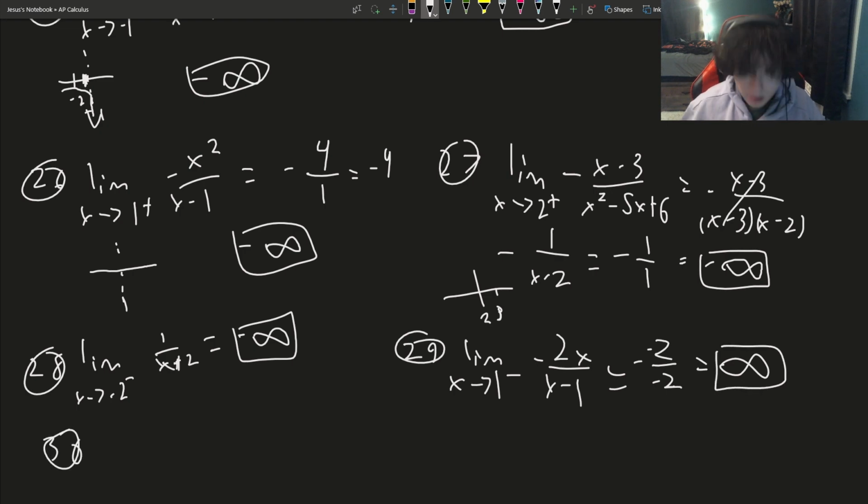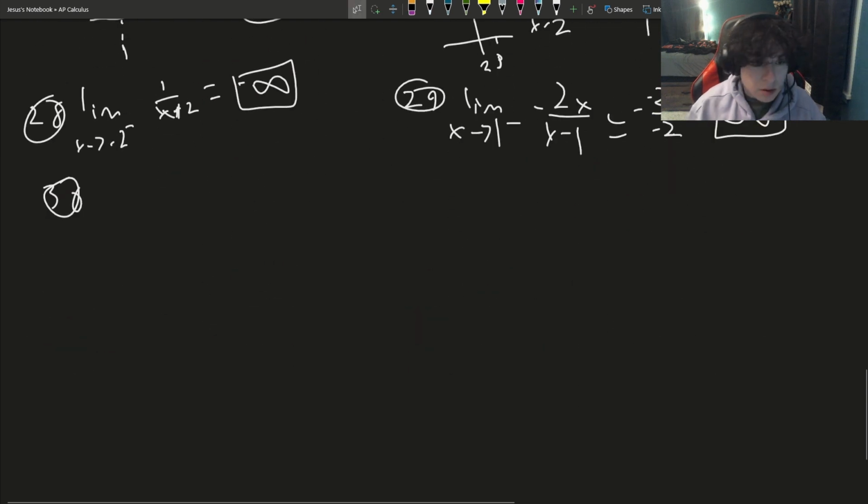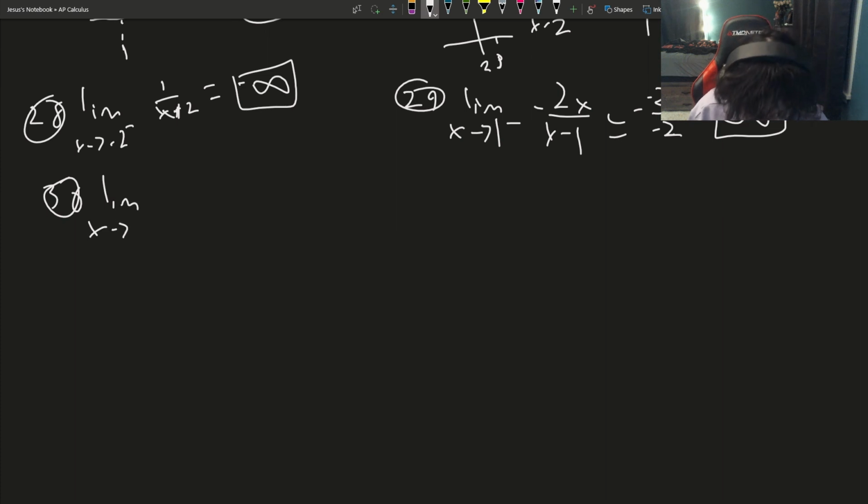30. 30 is the limit as x approaches 3 from the right of negative 3 over x squared minus 9.